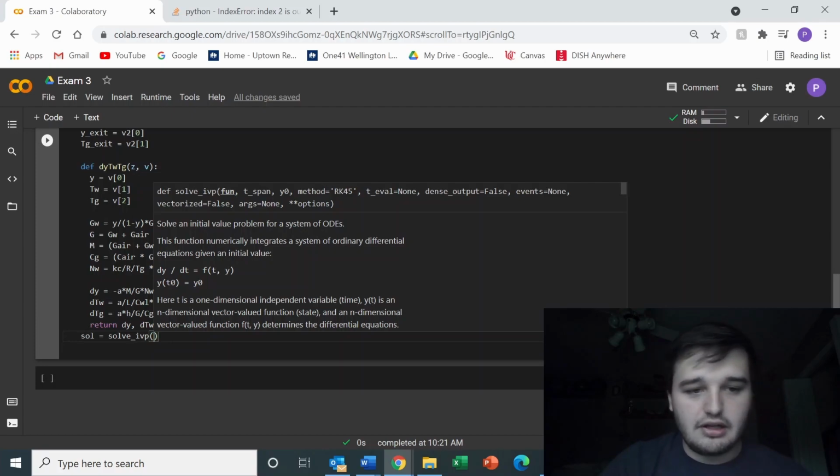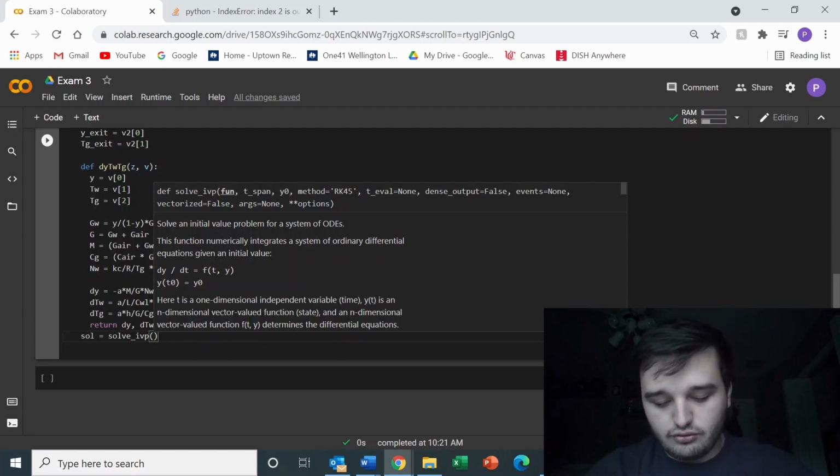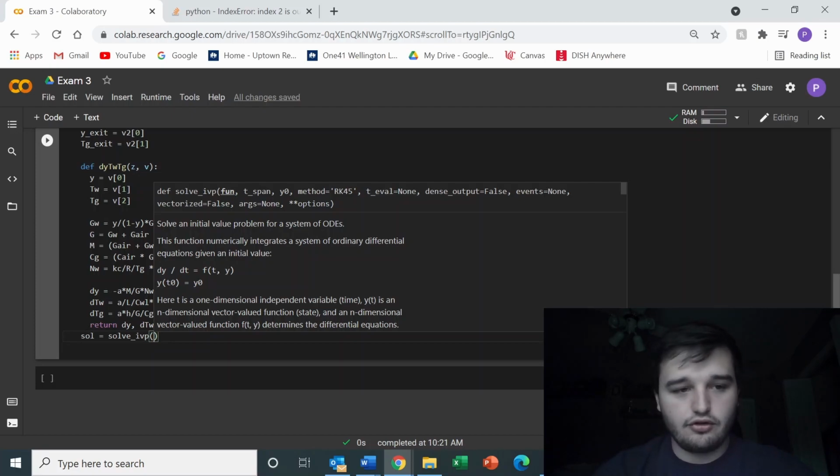So the first argument it needs is a function. We want to solve the initial value problem for the differential equations we just had, and return the solutions to those differential equations as an IVP, and then we're going to use the root solver to converge those to the function that we made above.